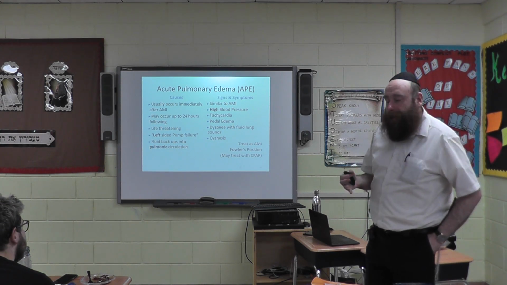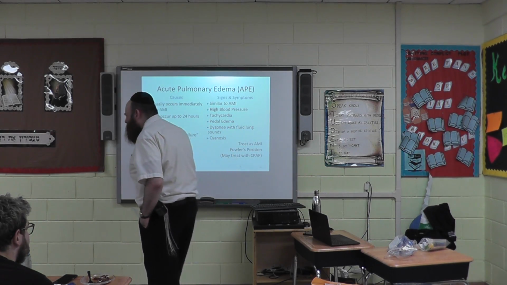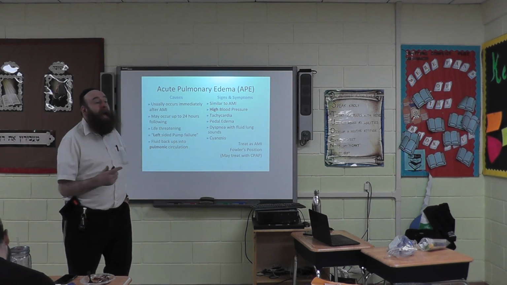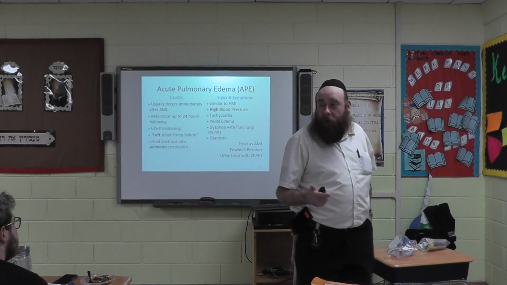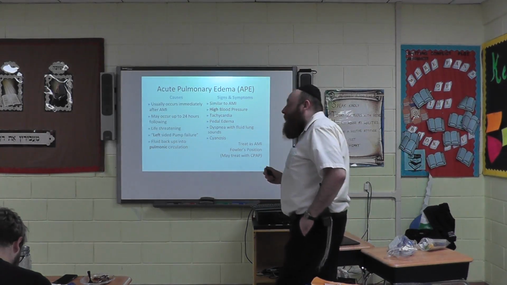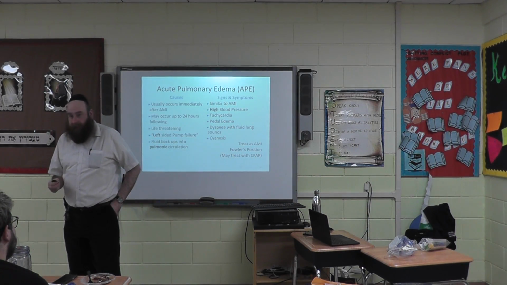Acute pulmonary edema, how do you recognize it? Number one, they will have extreme difficulty breathing. Number two, they may have all the signs and symptoms of an MI. They may have the chest pain. Number three, when you listen to their lungs, you will hear something called rales.